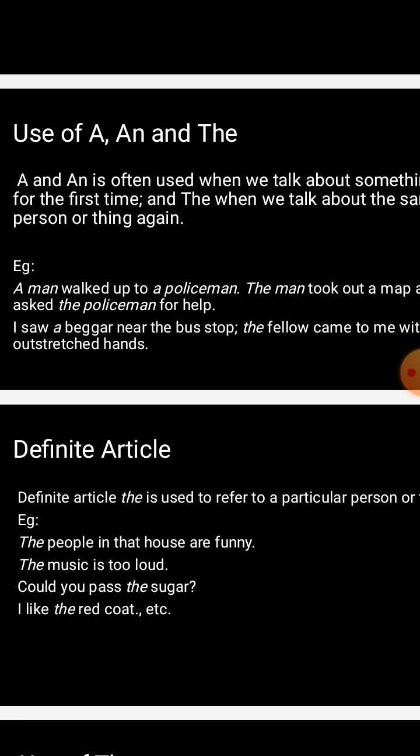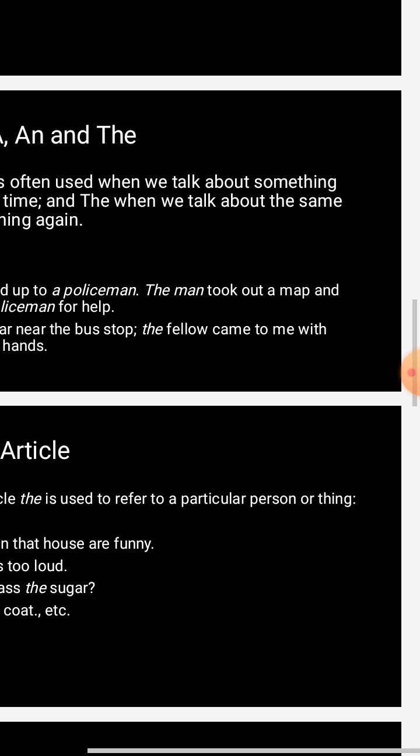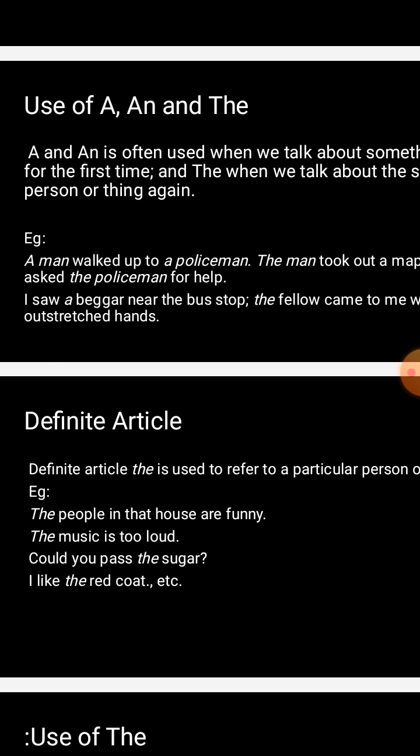Let's look at another example. I saw a beggar, one beggar, someone. I saw a beggar near the bus stop. The beggar came to me with outstretched hands. Now, first time you are saying, I saw a beggar.